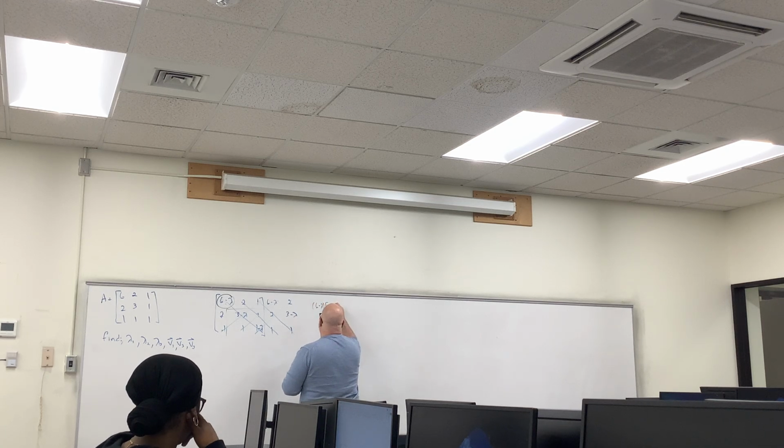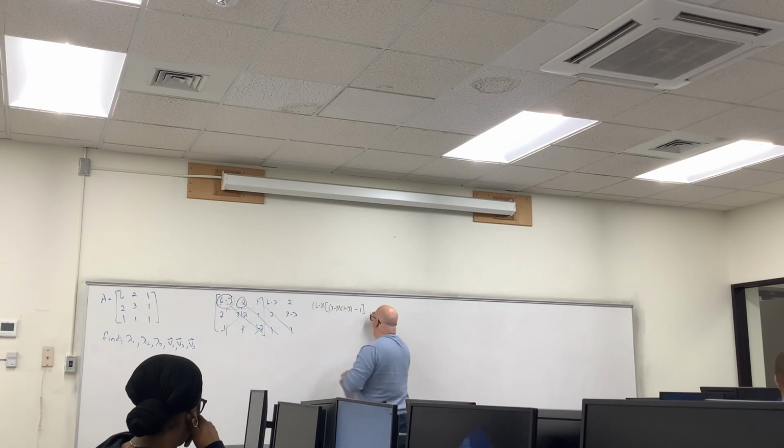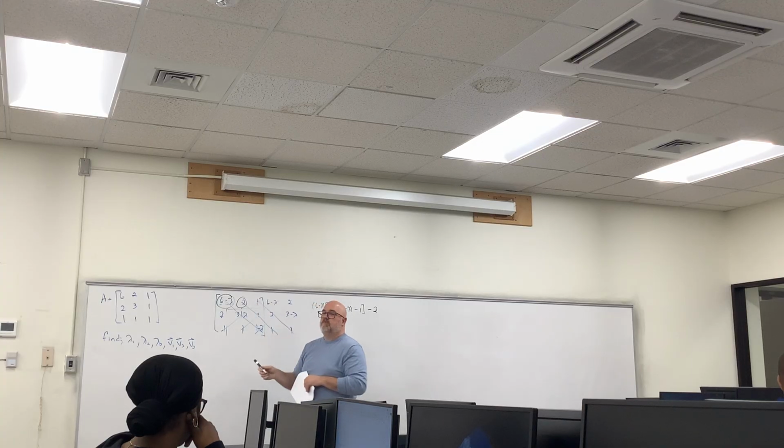So that's 3 minus lambda times 1 minus lambda, then minus 1. Now you go to this one, and you ignore these, and you do the cross product of what's left. Well, that's a 2, but the second one is subtracted. So it's minus 2, so it's plus, minus, plus, and I'm gonna post an example where we do a 4x4 so you can see how you move through your matrix to do this.